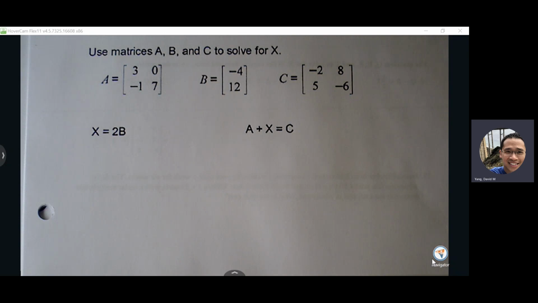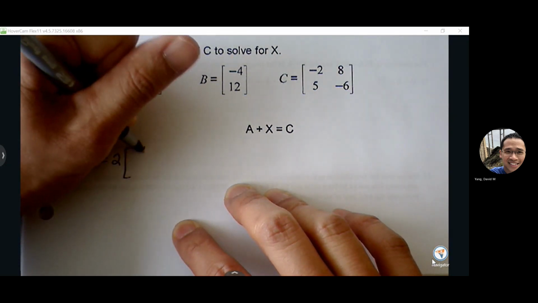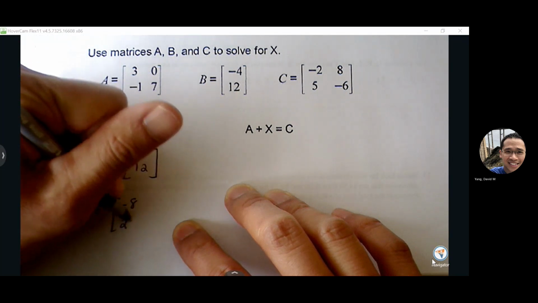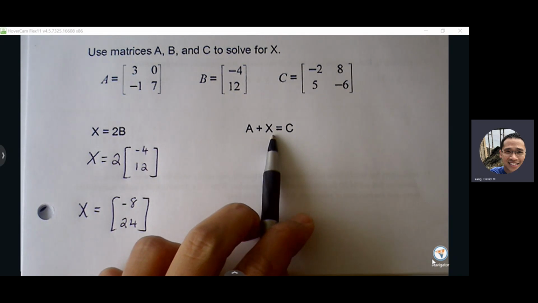Just multiply 2 through matrix B. Okay, here, let's solve this equation first.